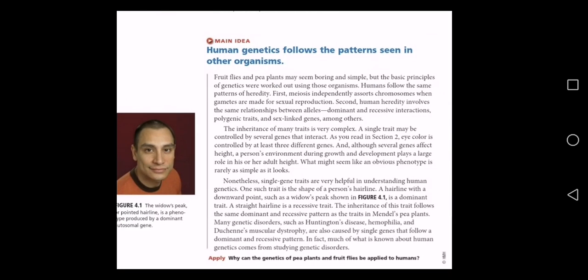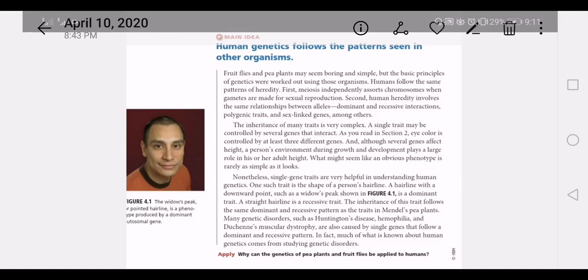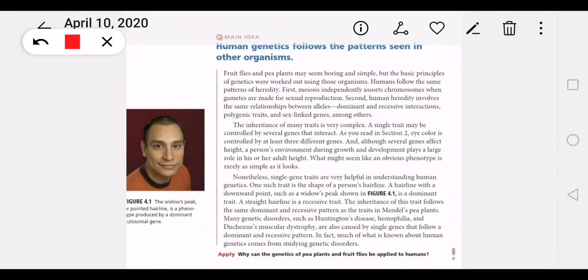But actually, humans follow the same rules of genetics. Humans follow the same pattern of heredity as we studied in pea plants, dominant and recessive, and the same as when they study things in butterflies, and they studied a lot of disorders and so on.